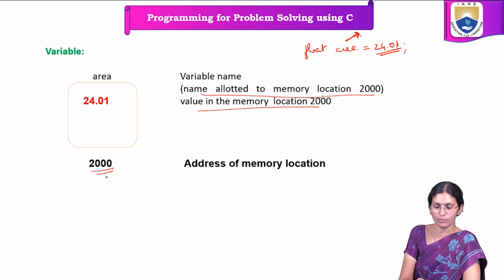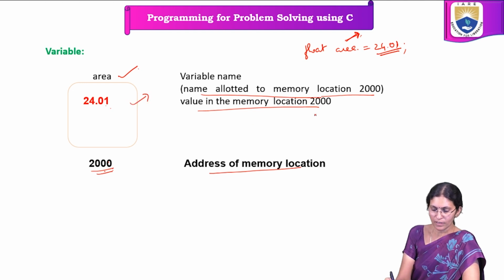Suppose this value is stored at location 2000 and area contains the value 24.01. This is the address of the memory location, this signifies the variable name, and this is the value in the memory location 2000.